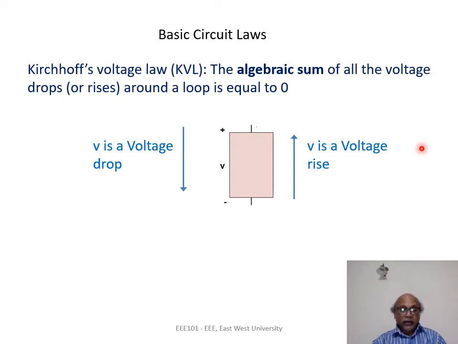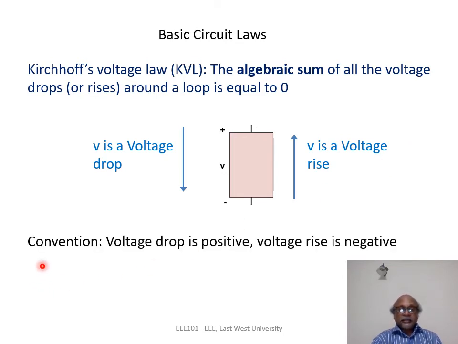Again, it doesn't matter which one is positive and which one is negative. If you treat one as positive, the other has to be considered as negative. To avoid confusion, we will follow a unique convention. The convention says voltage drop is positive and voltage rise is negative.